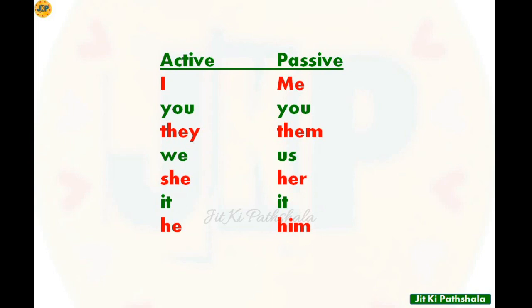First one is the passive voice is formed by using appropriate forms of verb be with the third form of the main verb. Number two, the object takes the place of the subject. Number three, the subject is sometimes left out or it is mentioned. Number four, the verb does not change its tense. So the tense does not change, but only the form changes.